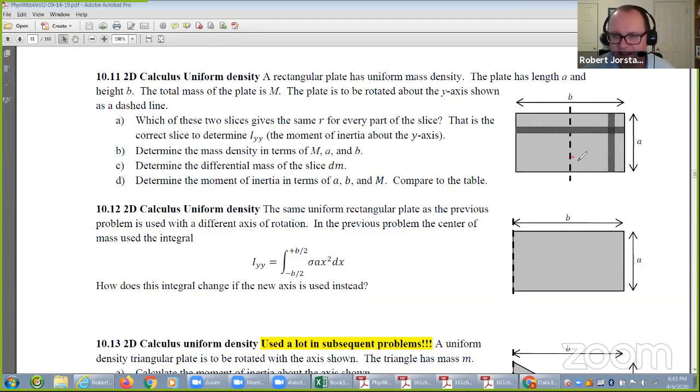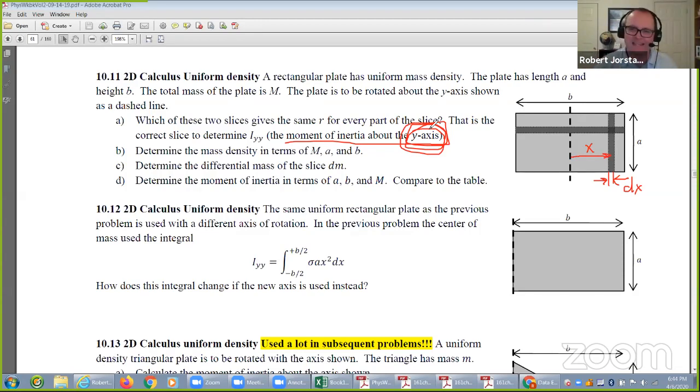When I'm trying to get this, look at this result. We're going to have an x, and then this right here is going to be dx, and the output is going to be the moment of inertia about the y-axis. So we get an x integral to get the y moment of inertia.